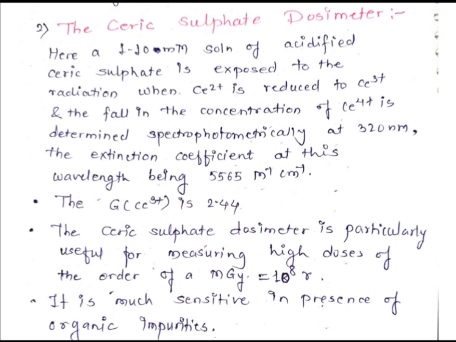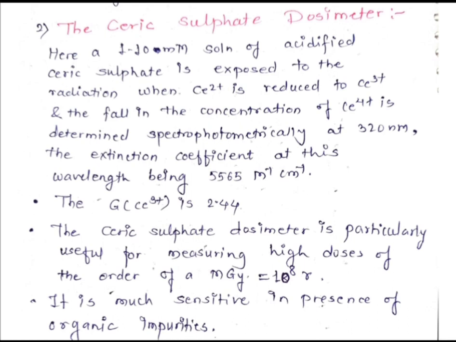Then the molar extinction coefficient should be 5565 per molar per centimeter, and the ceric sulphate dosimeter is mostly useful for the higher doses of the order of megagray, which is equal to 10⁸ rads, and the technique is more sensitive in the presence of organic impurities.